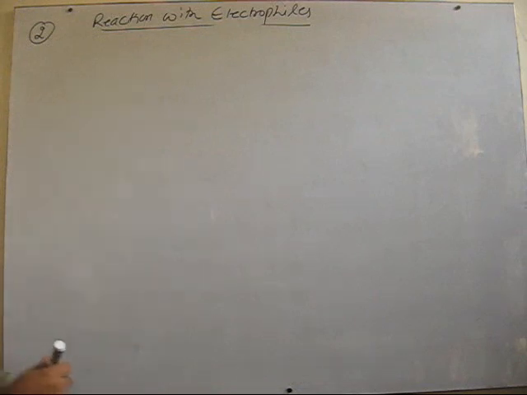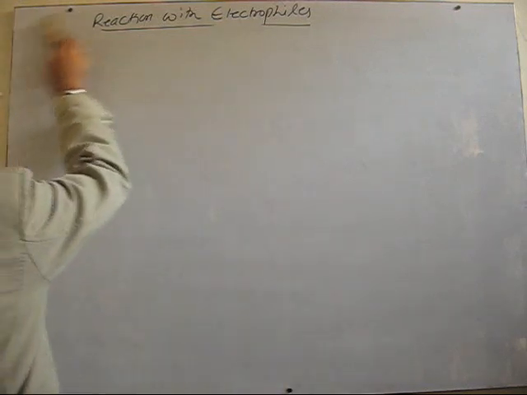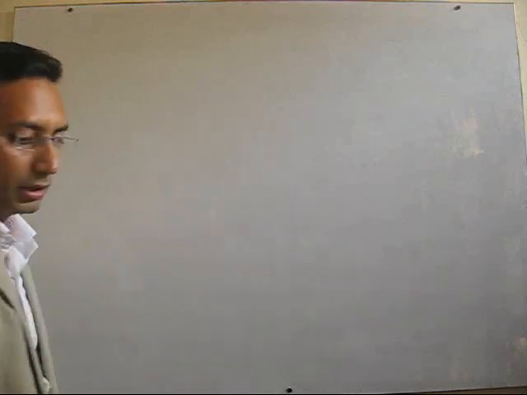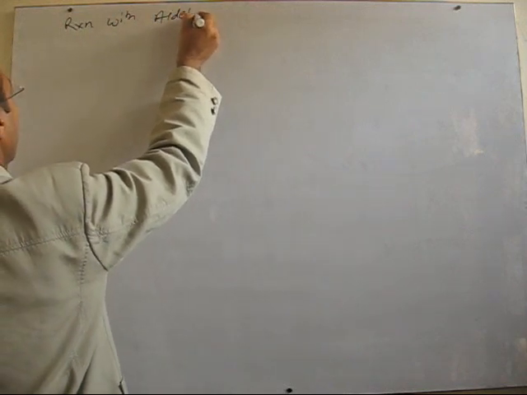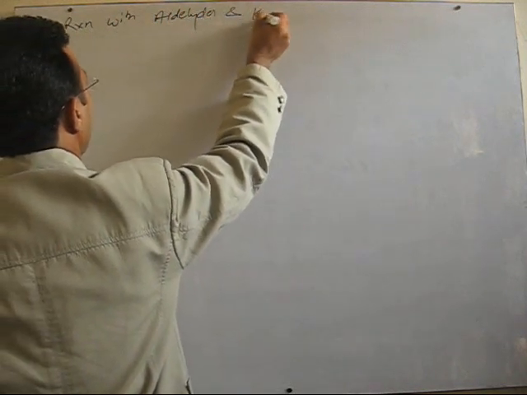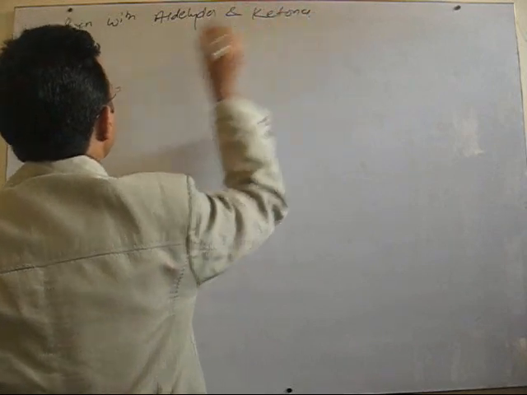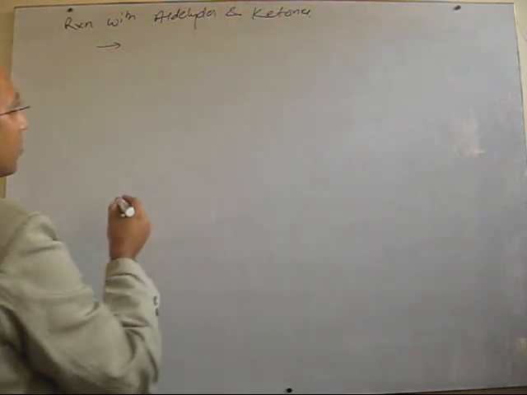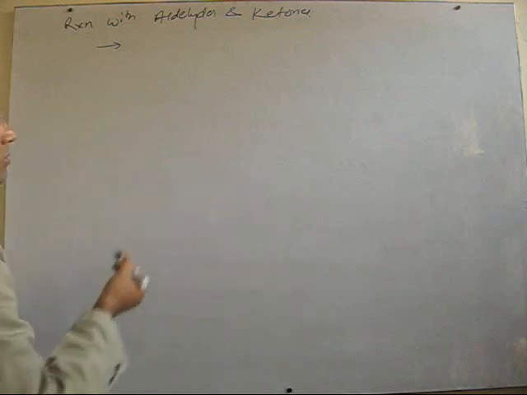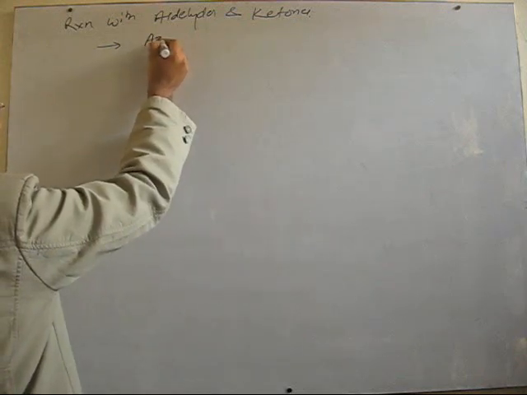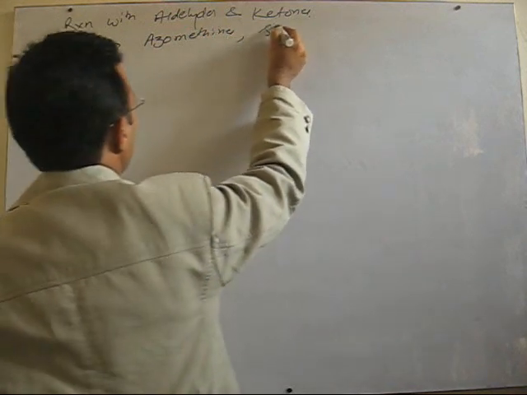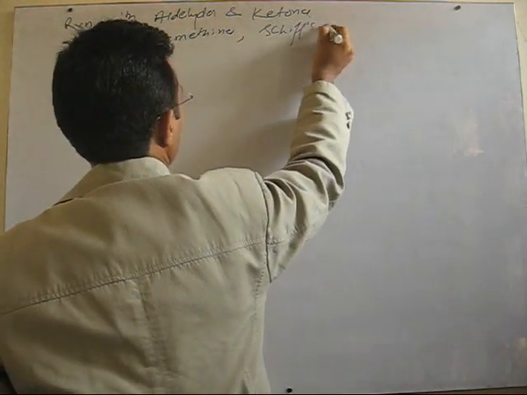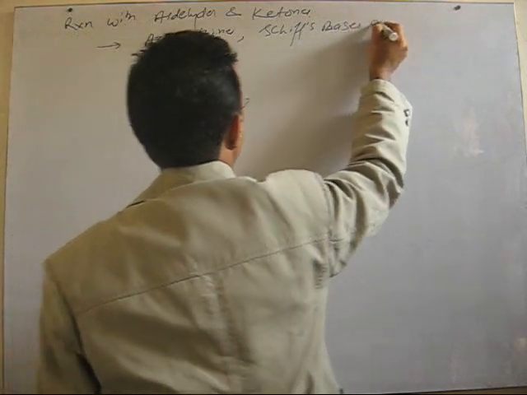The next type of reaction we have is the reaction with aldehydes and ketones. Again a very important reaction. This reaction results in the formation of compounds in general known as azomethines, also called Schiff's bases or also called anils.